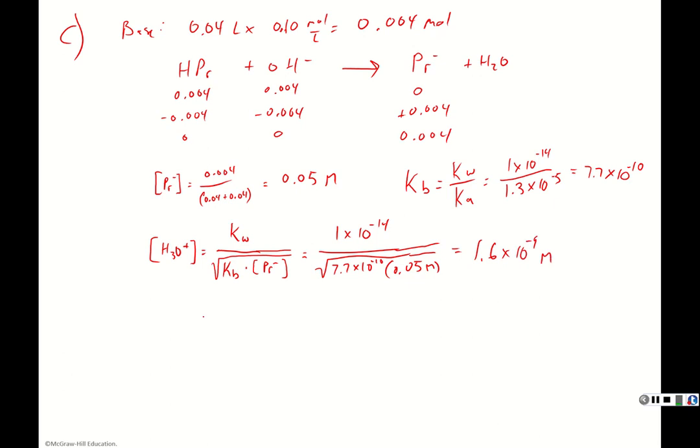Then again, pH is the negative log of that, which is 8.8. So at the equivalence point, we're adding a strong base to a weak acid, so the equivalence point should be basic, above pH 7.